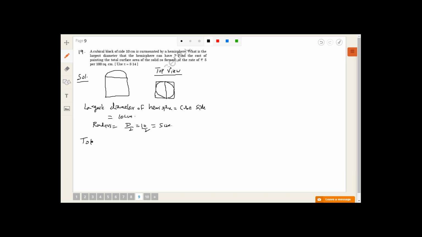Now the total surface area of the solid is nothing but TSA of the cube plus surface area of the hemisphere.